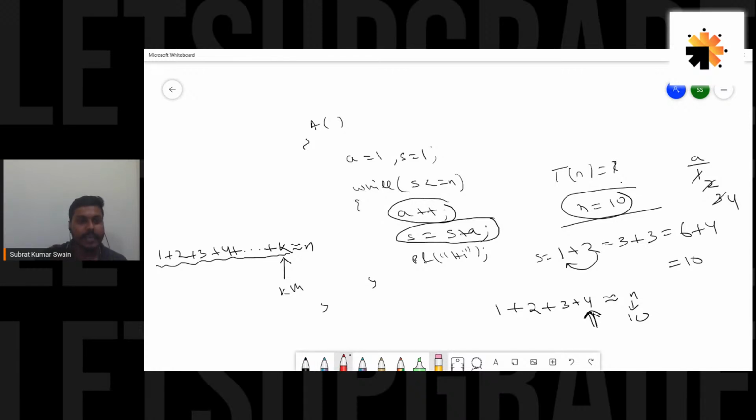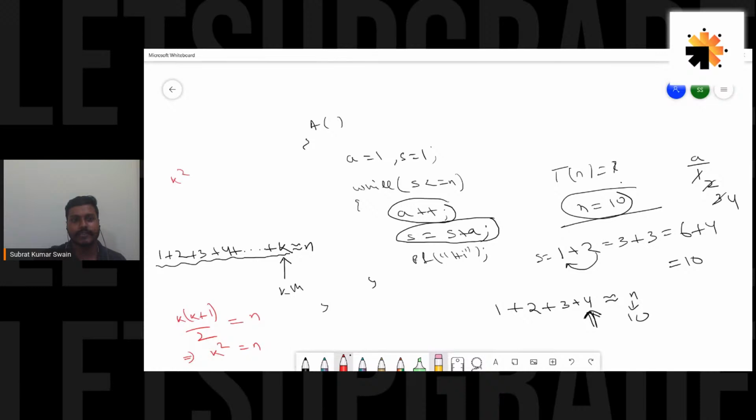Here it is, addition of k natural numbers, and we know it is k into k plus 1 by 2, which we can compare with n. Roughly we can say this is order of k square. I'm not expanding it as k square plus k by 2, because I am concerned with the worst case.